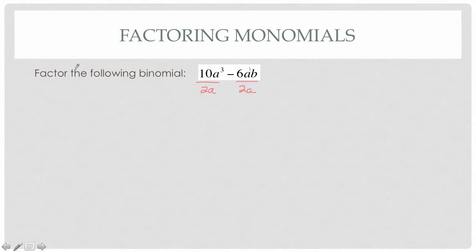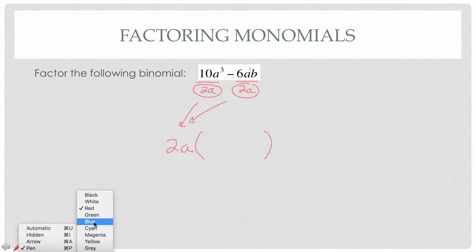So if I wanted to rewrite it, I'm going to factor the binomial. These are common factors of 2a. So I'm going to do the opposite of the distributive property. I'm going to divide out the 2a and put it in front, saying, okay, both of these used to be multiplied by 2a, but I divided it out and put it off to the side. But what do I have left after I divide out that 2a? Well, 10 divided by 2 is 5.